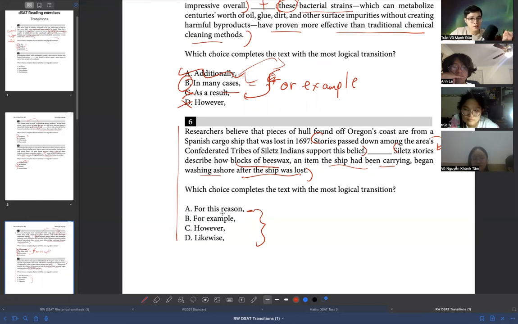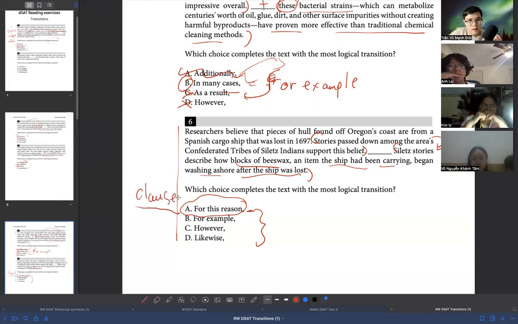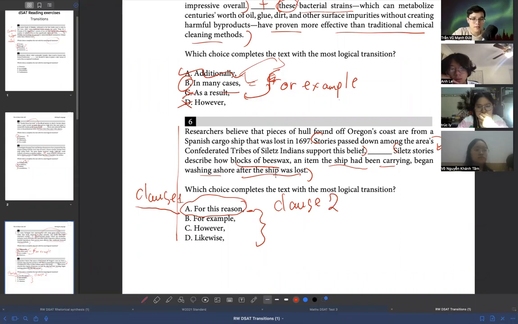Your option, "for this reason." What does "for this reason" mean? If I am to place "for this reason" in between these two clauses, what would be the relationship between these two clauses?